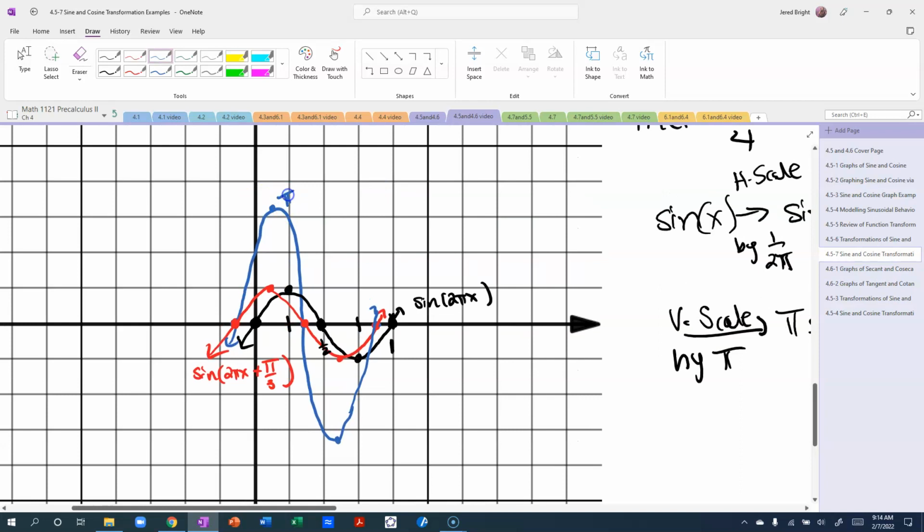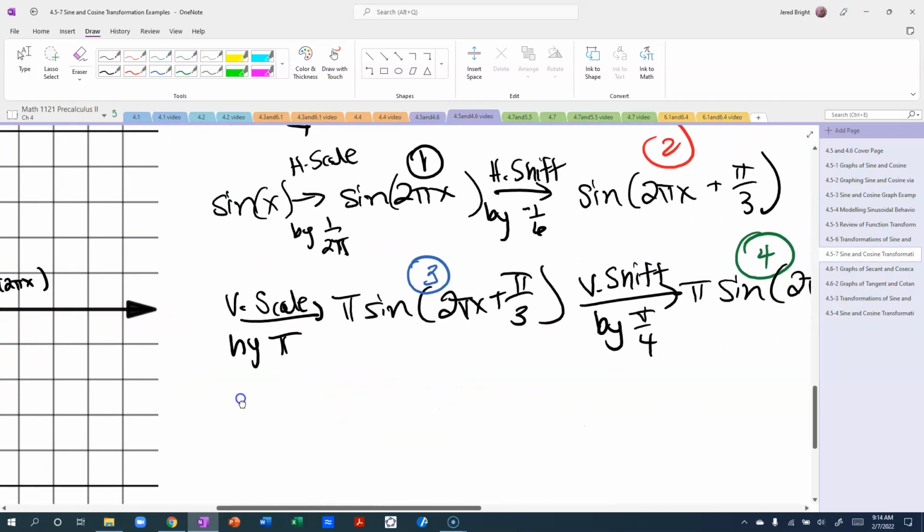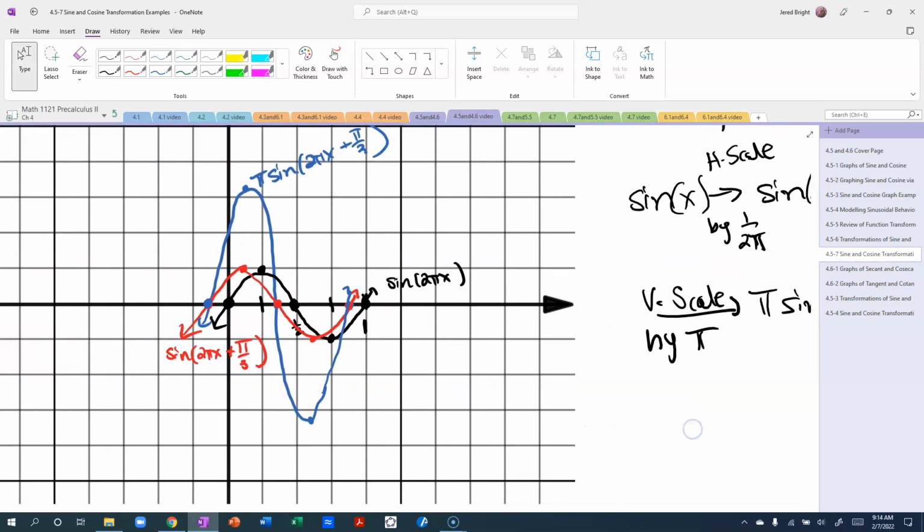So this is pi sine of 2 pi x plus pi over 3. Okay, and then last one is in green, and that's shifting the whole thing up pi over 4 units. So pi over 4 is about 3/4. So shifted it up 3/4 of a block.